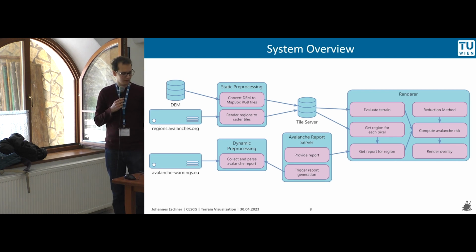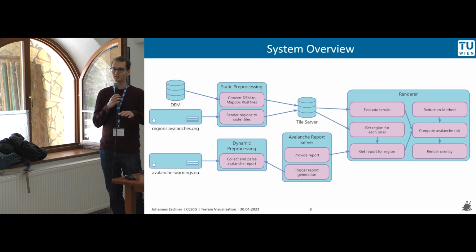And the visualization part really happens in the renderer at the end, where all these different tile textures are combined, and the risk level is finally computed on the GPU, which also allows me to have real-time updates, and I don't have to pre-compute these risk tiles and build the whole quad tree for the tiles, but I can just compute them on demand whenever I need it.